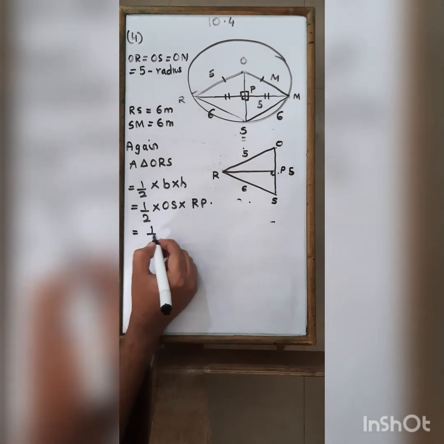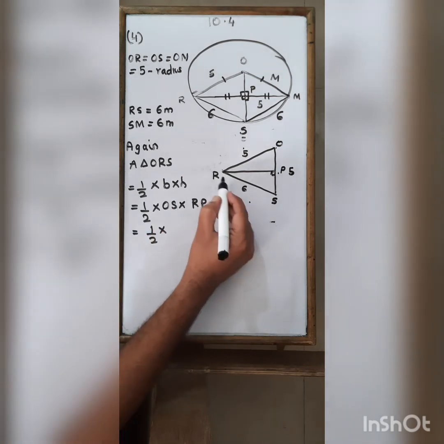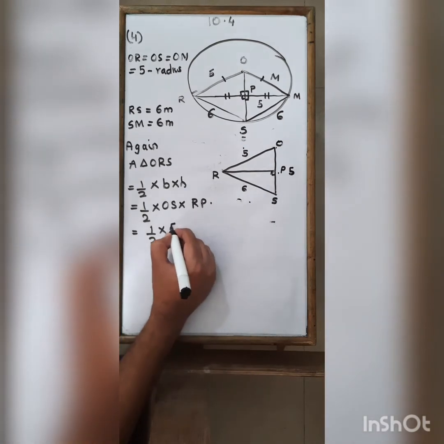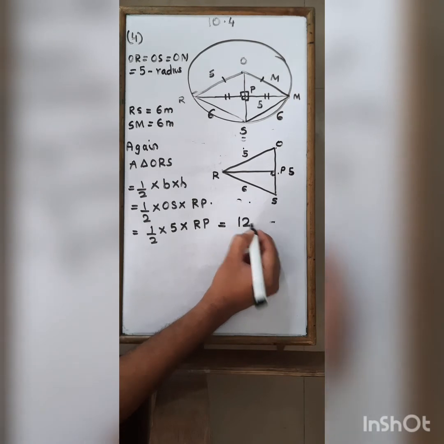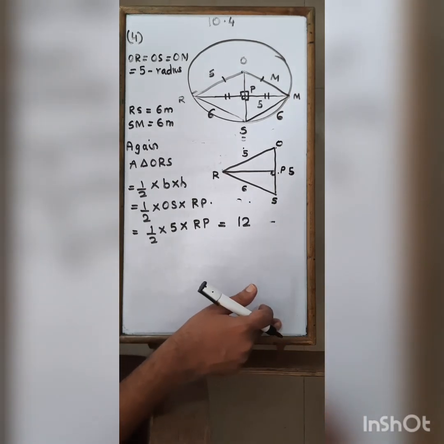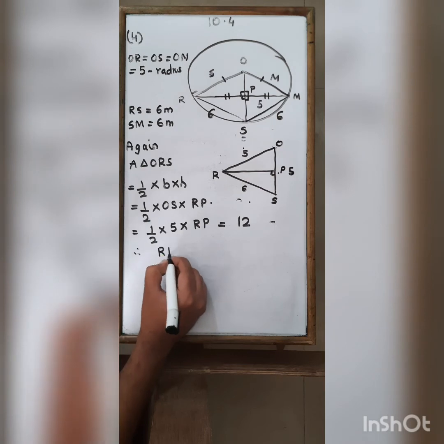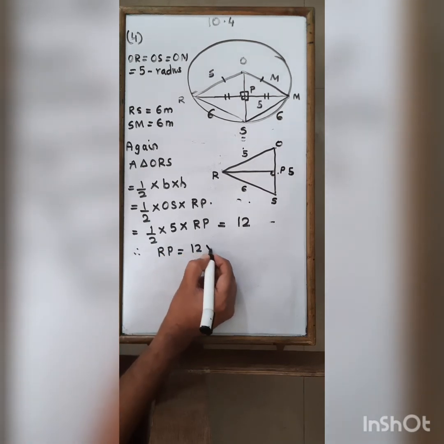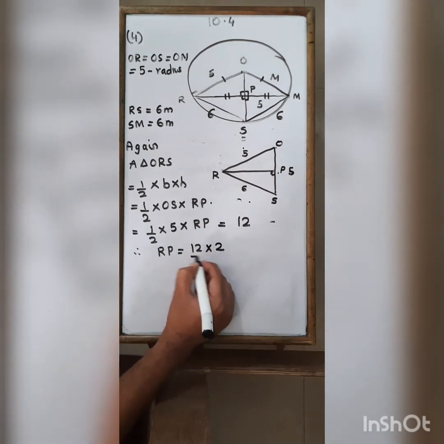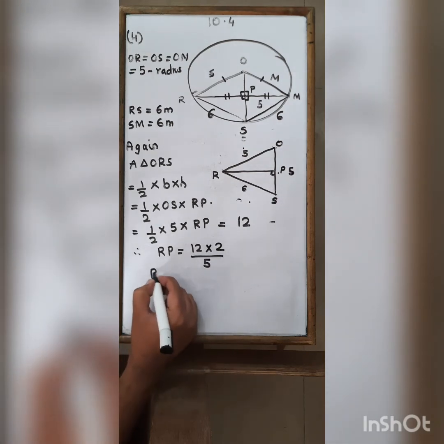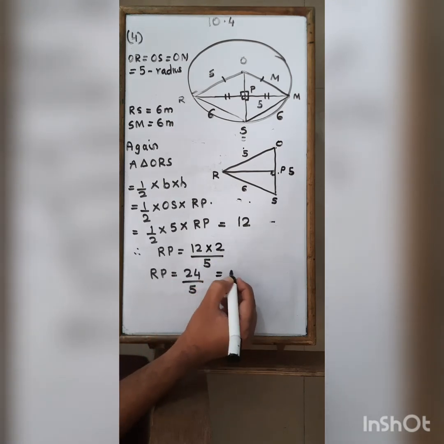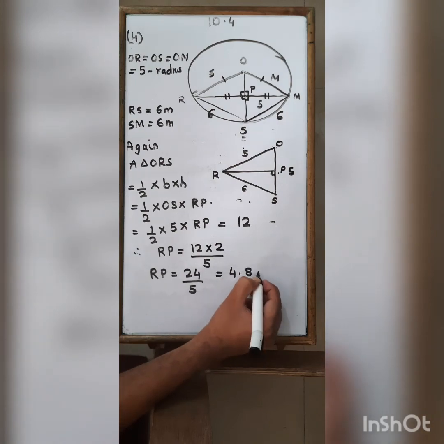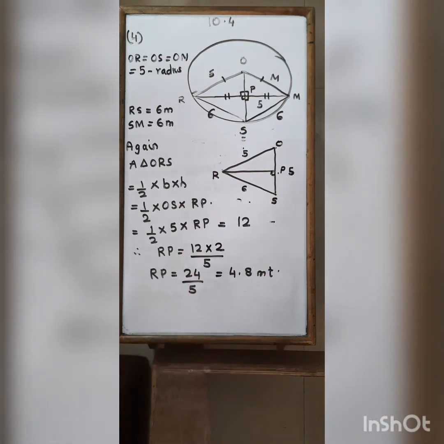So this is half into OS, and OS is 5, multiplied by RP. This area is 12, as we found earlier. Therefore RP is equal to 12 into 2 divided by 5, which is 24 upon 5, that is 4.8 meters. Understood? So you got the value of RP.